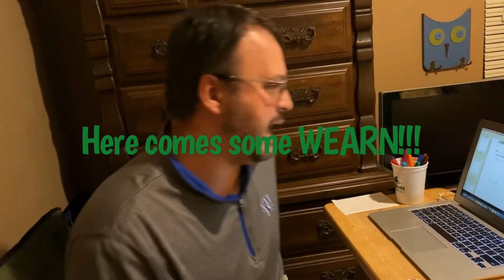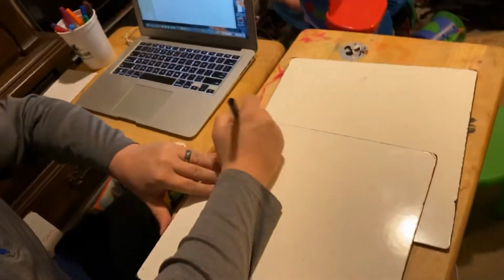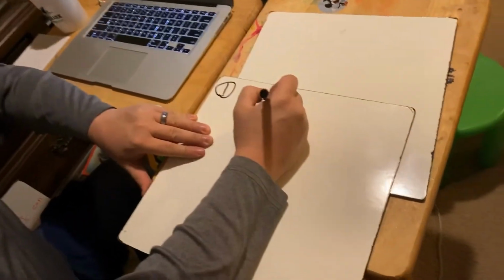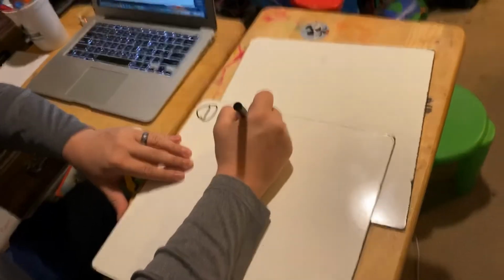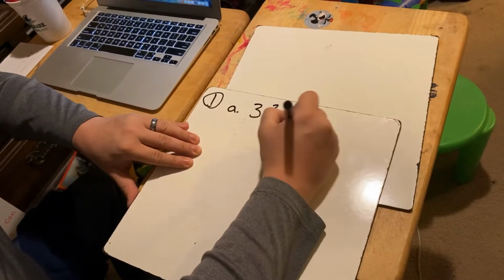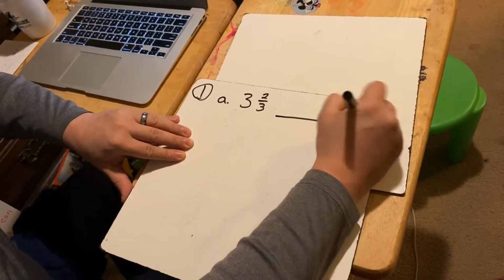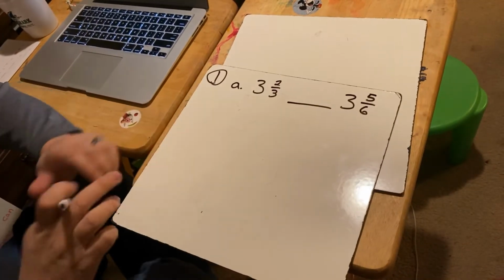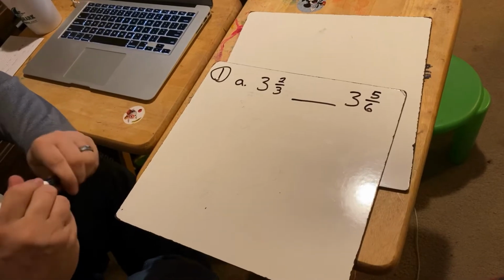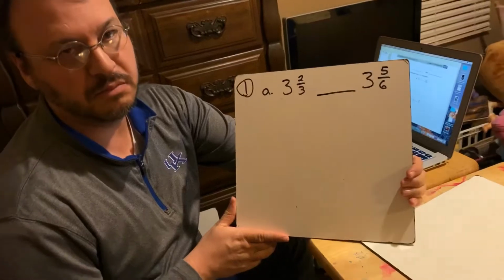So let's look at our first problem, 1A. It says we have 3 and 2/3, and we're comparing that to 3 and 5/6. Hopefully you will see this: our whole numbers are the same, aren't they?